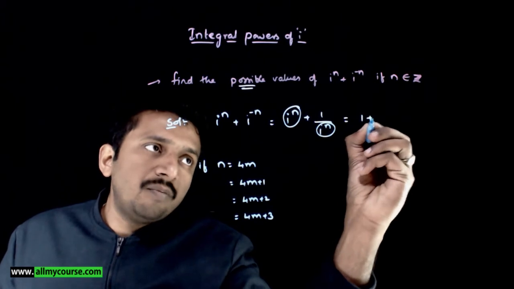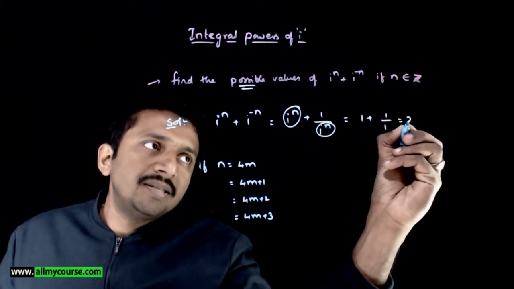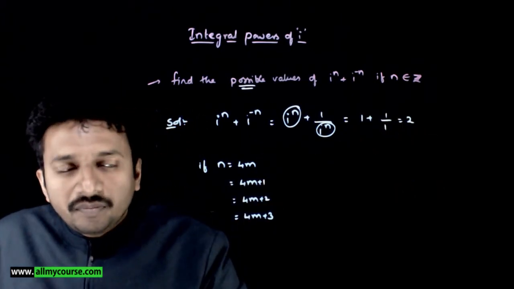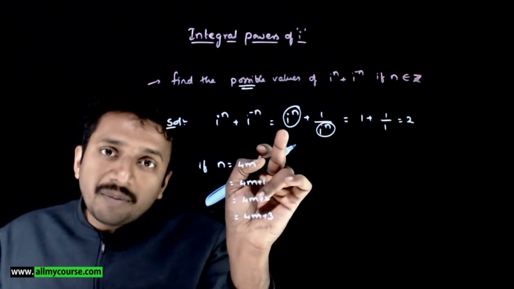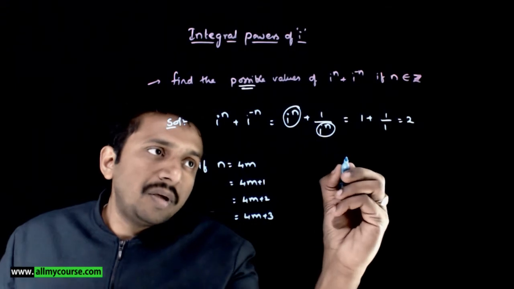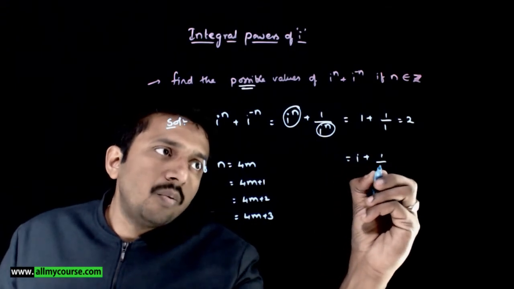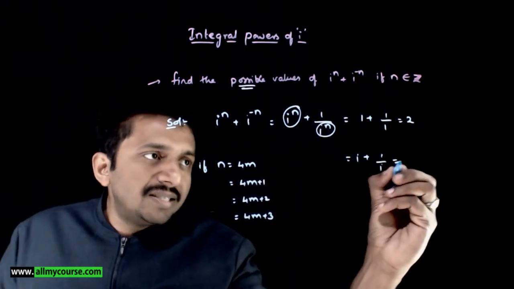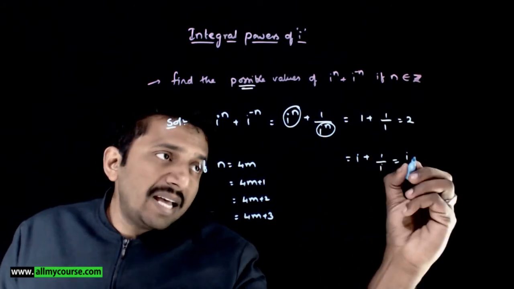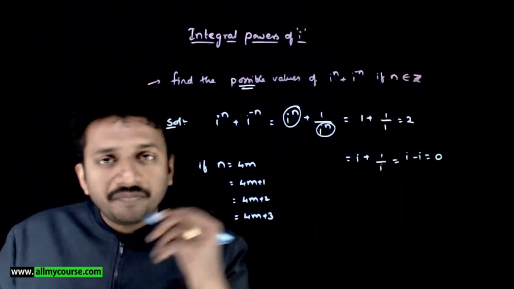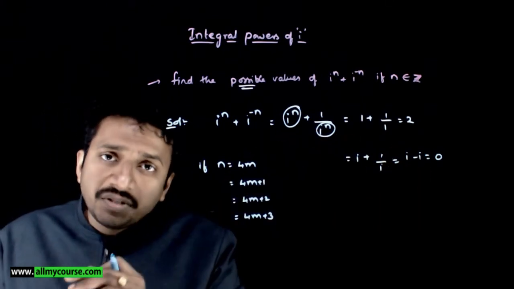So this expression will be 1 plus 1 by 1, that is equal to 2. Now if n is of the form 4m plus 1, the value of i power n will be equal to i. So you have i plus 1 by i, and 1 by i, as we have seen, will be equal to minus i, so the sum is equal to 0. It means the value of this can be equal to 0.